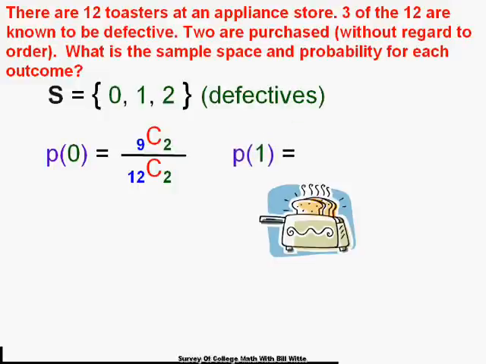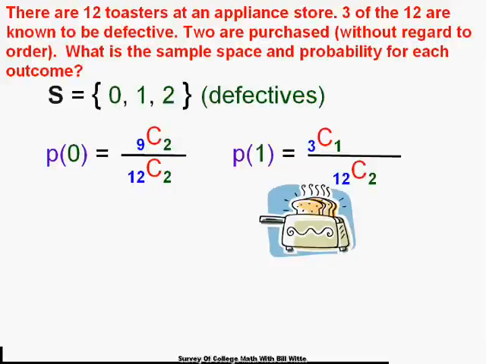Now the probability of 1 defective will start with the same sample space, 12 toasters taken 2 at a time. Now let's produce that 1 defective one. How many defectives do we have? 3 of the 12. So we've got a combination of 3 taken 1 at a time.